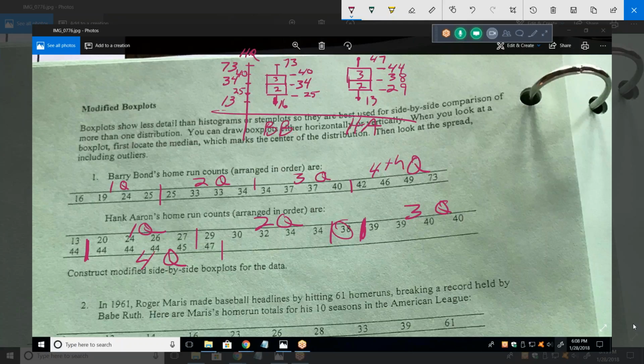So how come I'm looking at my AP book and it says a box plot, the central box spans the quartiles 1 to 3? Maybe that's just regular, because this is modified in the directions. Well, maybe it's the top of 1 to the bottom of 3, perhaps.